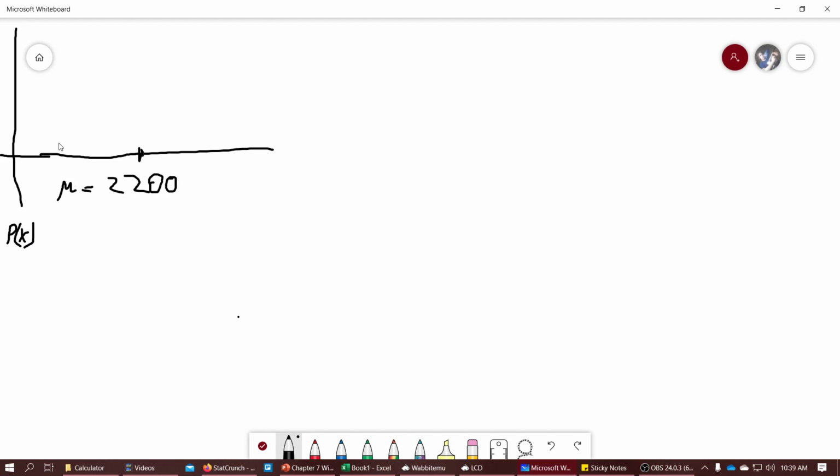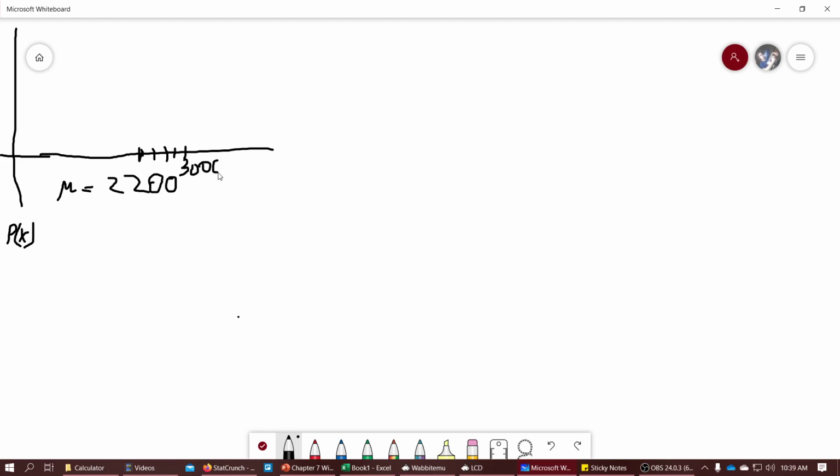Here we need to draw, and we're told it's normal, so that tells us it's going to be approximately bell-shaped. And its standard deviation is 200. So here I'm going to go 200, 200, 200. So that would be 2200, 2400, 2600, 2800, 3000.